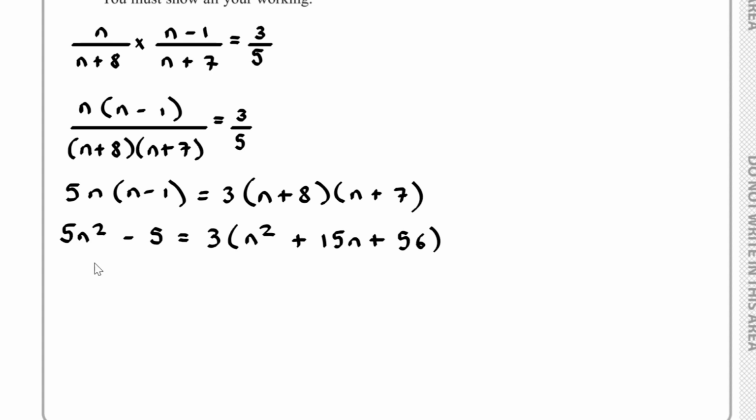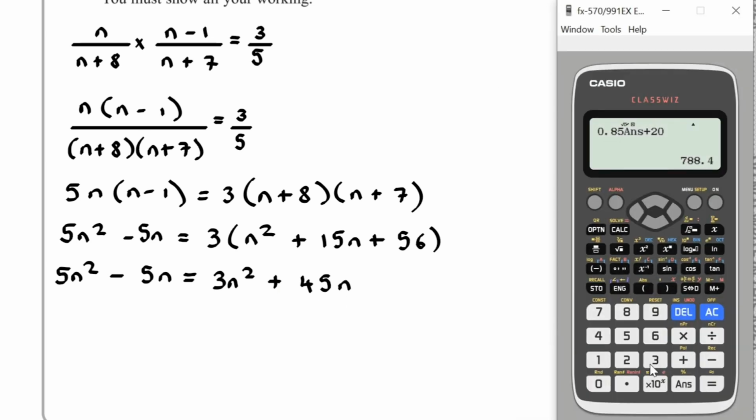And if we expand out, well, the left hand side stays the same. But on the right hand side, we've got 3n squared plus 45n, and 3 times 56 is 168.